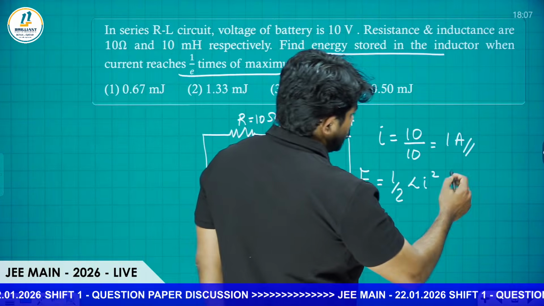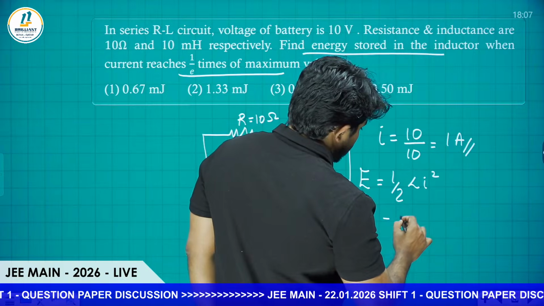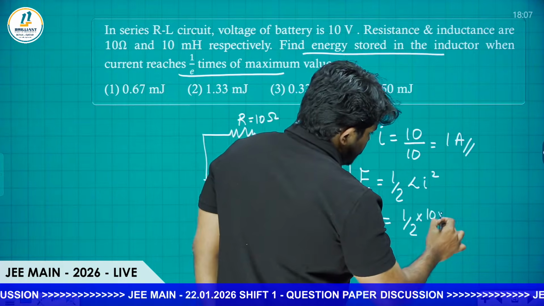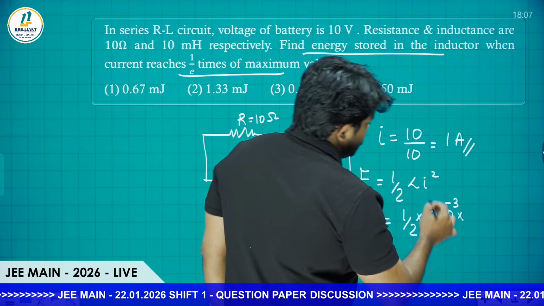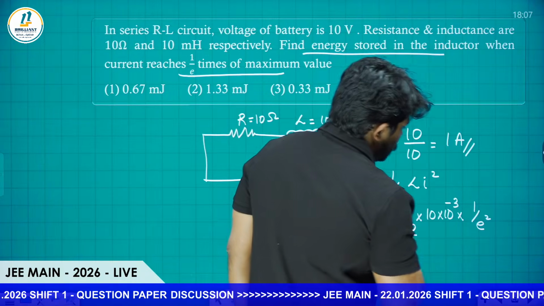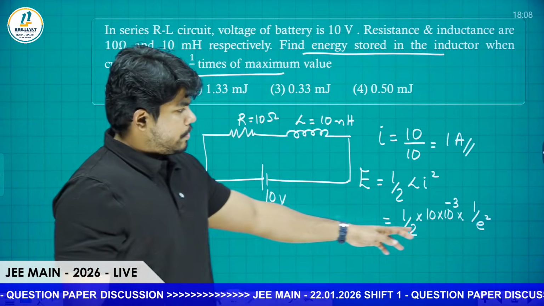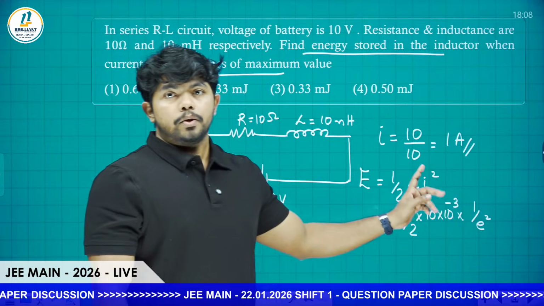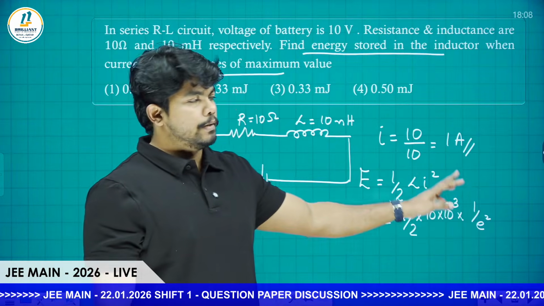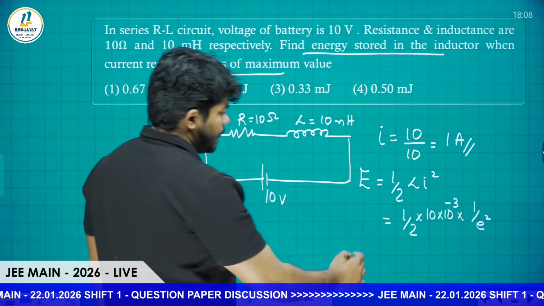So we can substitute half times 10 times 10 raised to minus 3 times, instead of i, 1 by e square. Most of the students will be wondering what this e is. This is not the charge of an electron, it is actually the exponential. The value of the exponential you need to substitute there.